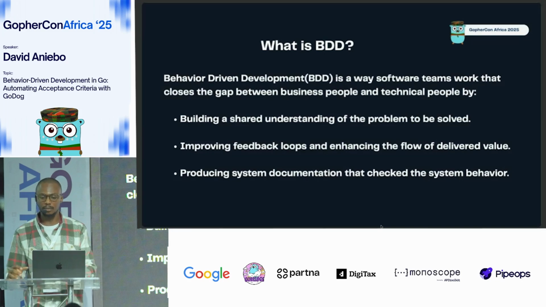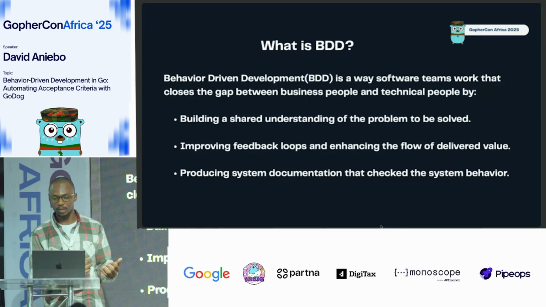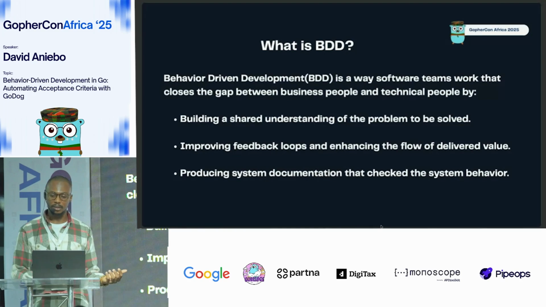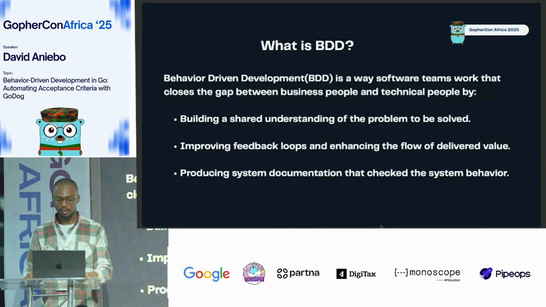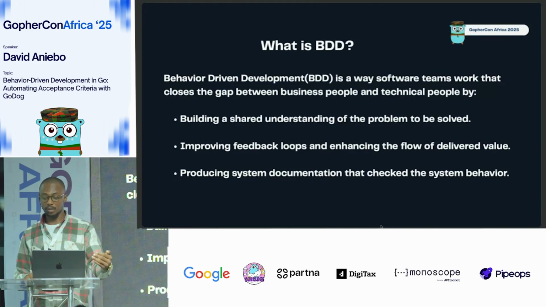We call it acceptance criteria, or conditions of satisfaction, because that's what the software must do for the stakeholders to find it acceptable, right?